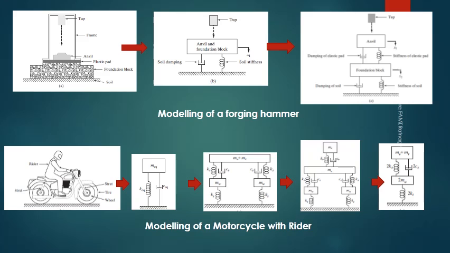So there will be two spring damper systems, as you will see in the fourth figure. And the wheel is mounted on a tire, so the tire will act as an elastic element between the wheel and the ground surface. The fifth position is the final system elaborated with all the elastic elements, damping elements and masses.